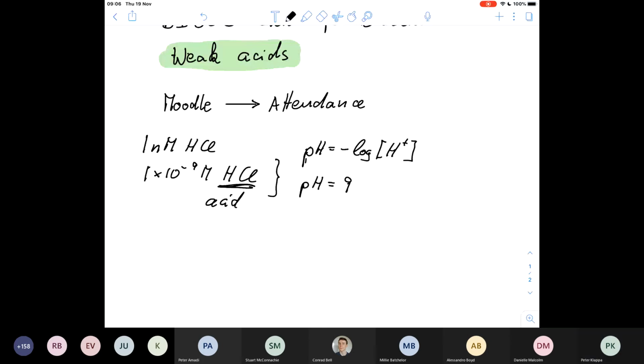But there is a problem, isn't it? pH 9, what is this? Is this acid or alkaline or basic? It would be alkaline, absolutely right.